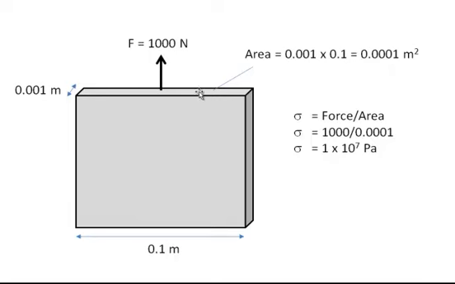Okay, our force is 1000 newtons. Stress is force divided by the area over which it acts, which is 1000 divided by 0.0001, which gives us 1 by 10 to the power of 7 pascals. So that's what our standard theory is predicting the stress should be in this plate under simple tension.